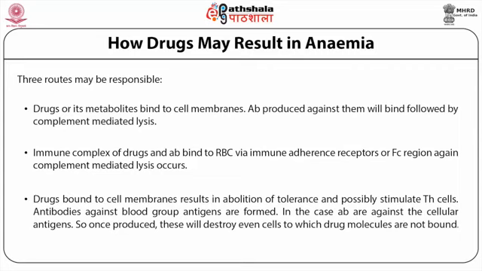In case the antibodies are against the cellular antigens, once produced, these will destroy even cells to which drug molecules are not bound. It was Ackroyd who made the first observations related to drug-induced anemia in the case of thrombocytopenic purpura.